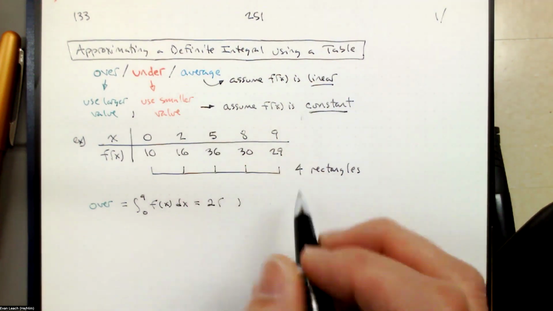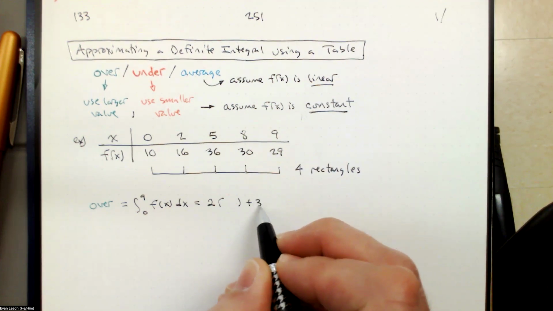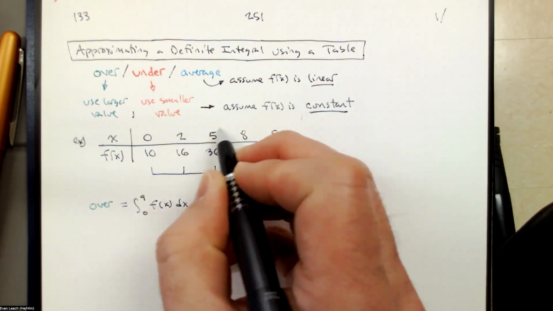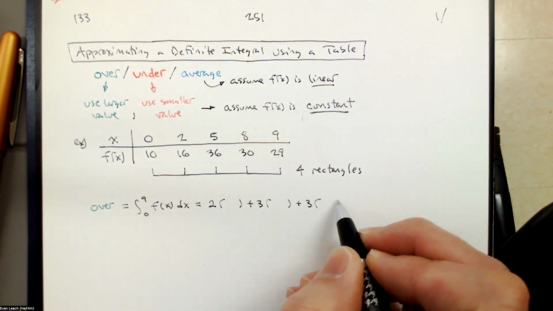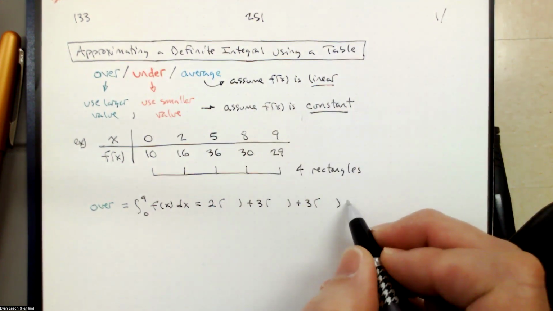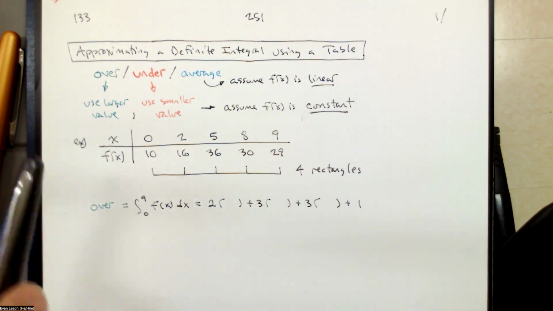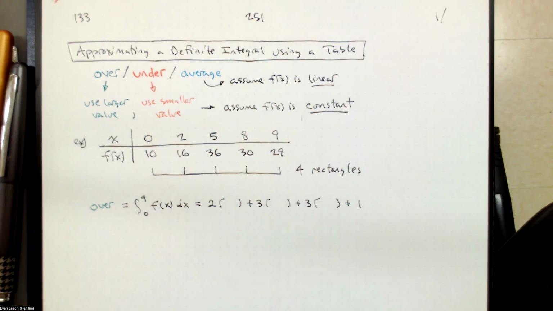The second rectangle will have a width of 3. The third rectangle will have a width of 3 again. And the last rectangle will have a width of 1. So we've got all these four different delta x's.